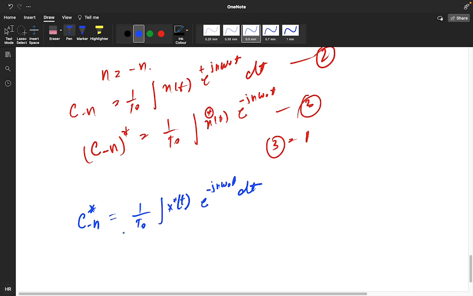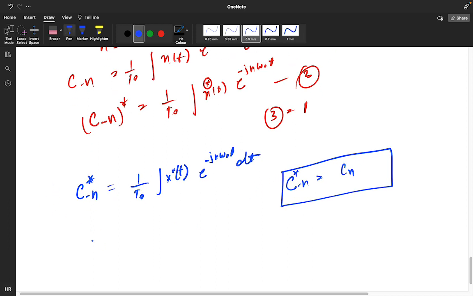So what you had understood from here, if I am assuming c conjugate of minus n is equal to c of n, if I am assuming like this, so what will happen? 1 upon time period integration x conjugate of t e power minus j n omega naught t is equal to, I am supposing, I am not saying that it is correct.